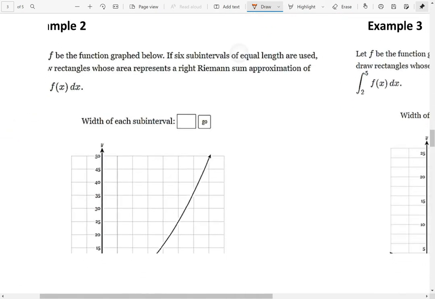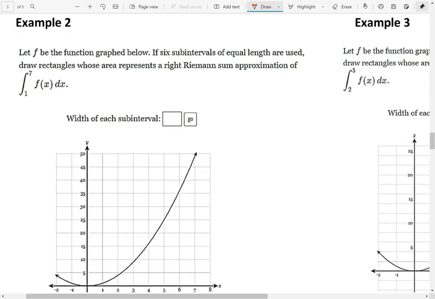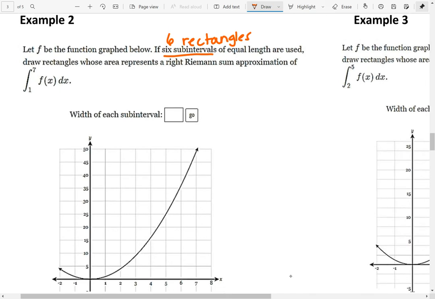Here, we're going to let f be a function that's graphed below. We're going to make 6 subintervals, which means we need to make 6 rectangles of equal length, representing a right Riemann sum.